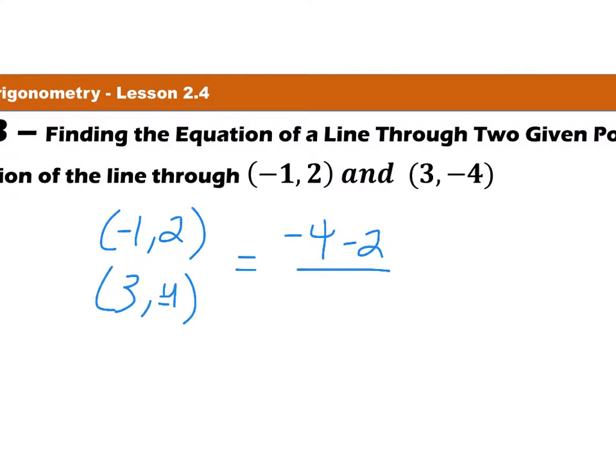You guys agree with me? So then what? 3 minus negative 1 or 3 plus 1. So negative 4 minus 2 is negative 6. 3 plus 1 is 4. So my slope would be negative 3 over 2. Agreed? So then I would take one of those points and I would plug it into my point slope form and just figure out my equation of the line.